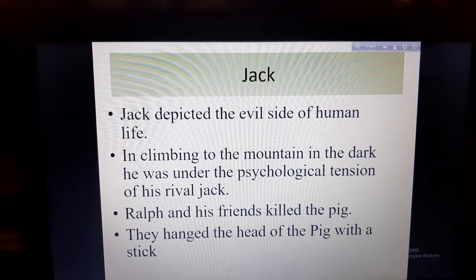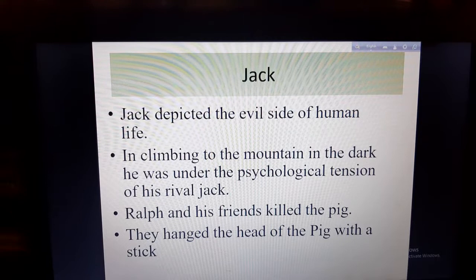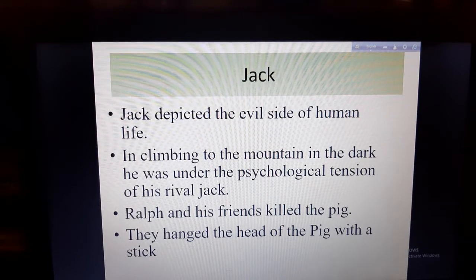About Jack, Jack depicted the evil side of human life. In climbing the mountain in the dark, Ralph was under the psychological tension of his rival Jack. Jack and his friends killed the pig. They hung the head of the pig on a stick.